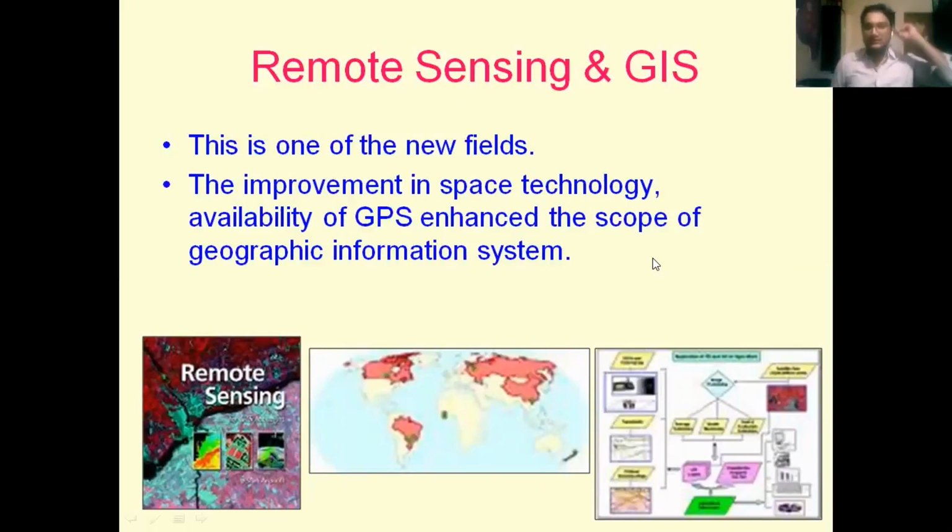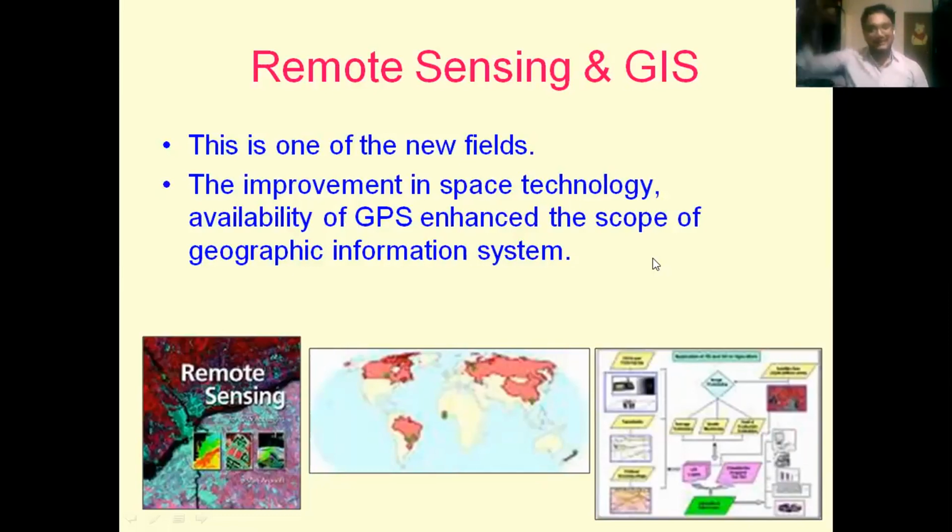So this is one of the new fields that is coming up in civil engineering, or already came up, but is developing nowadays. The improvement in space technology and the availability of GPS enhance the scope of the geographical information system.